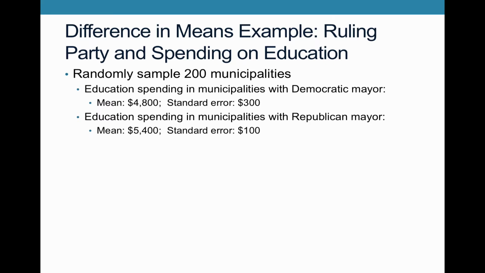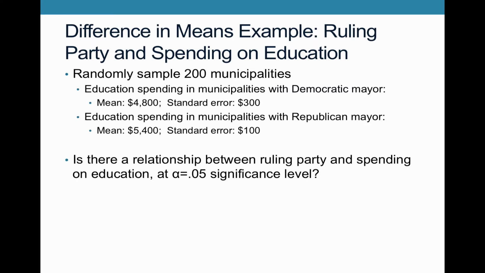If we were to simply look at this from our sample, you might say, oh yes, Republican-led municipalities spend more on education. The question we have to ask now is whether this is simply due to some sort of chance in the municipalities that we collected, which happen to show greater spending for Republicans, or is there really a relationship here?